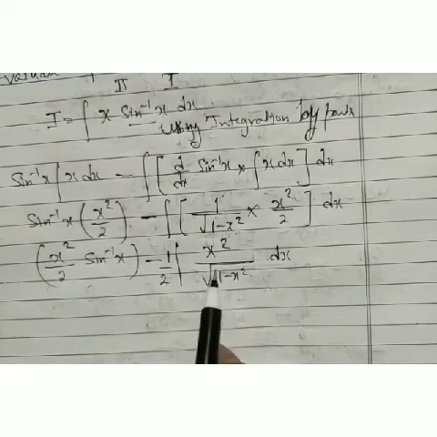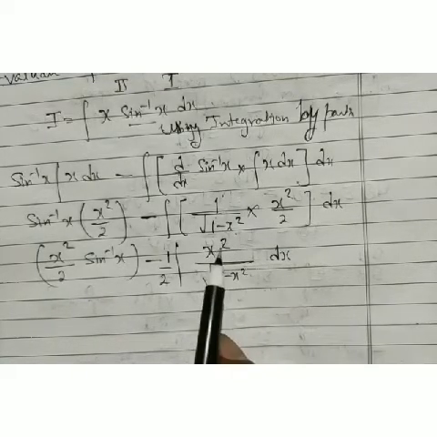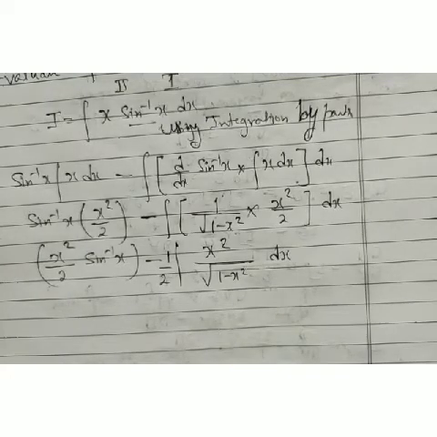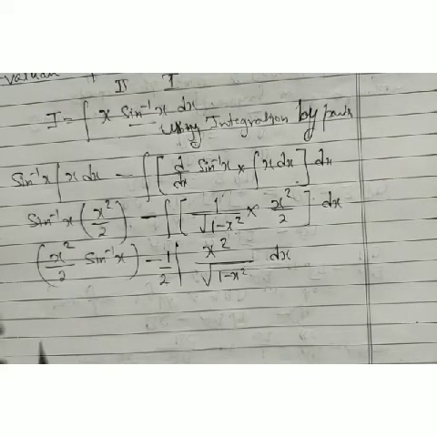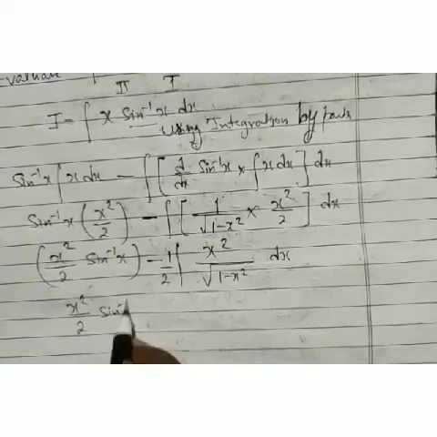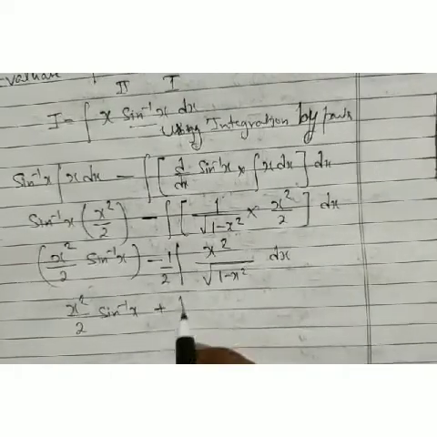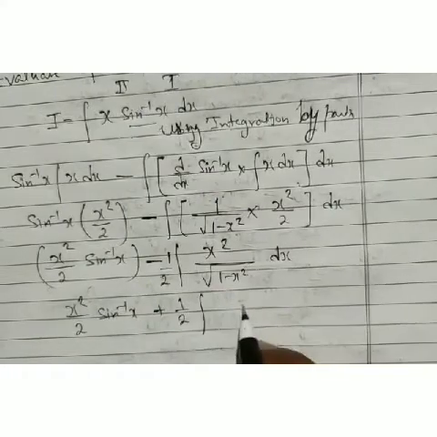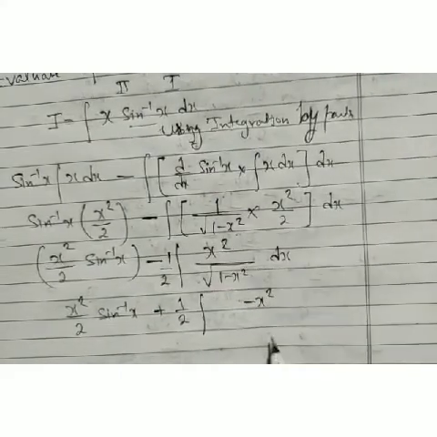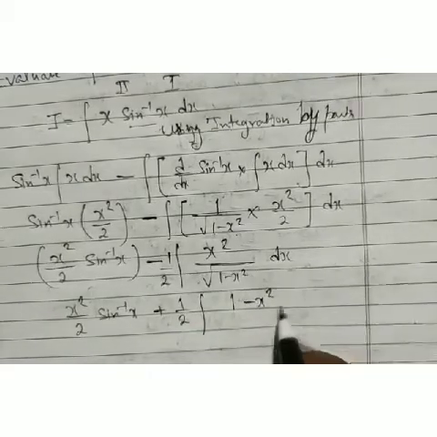What I'm going to do is add 1 and then subtract 1, so that there is no change in the problem. So we have x square by 2 sine inverse x, plus 1 by 2, and here minus x square is made negative, because we add plus 1 and subtract 1, so there is no change in the problem.